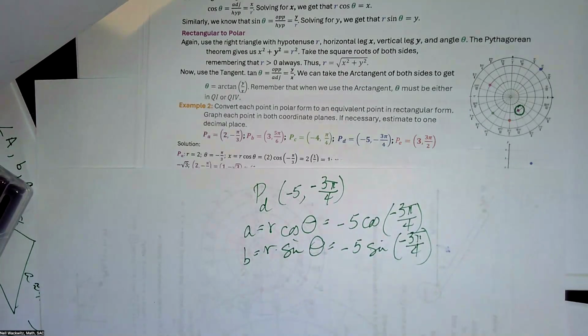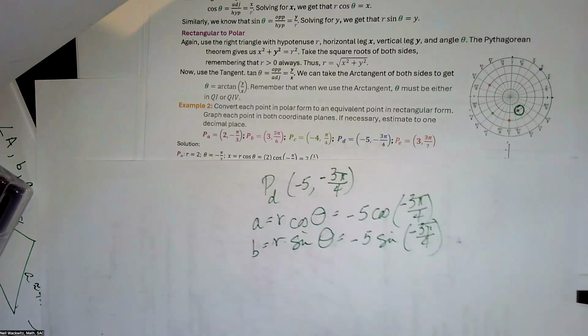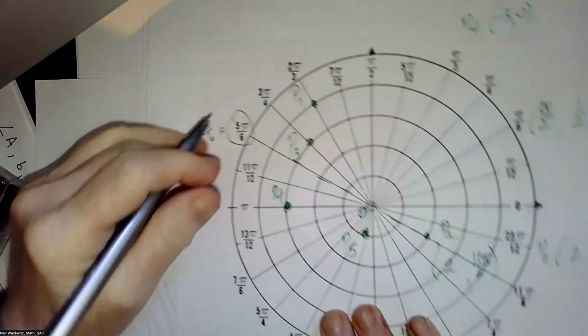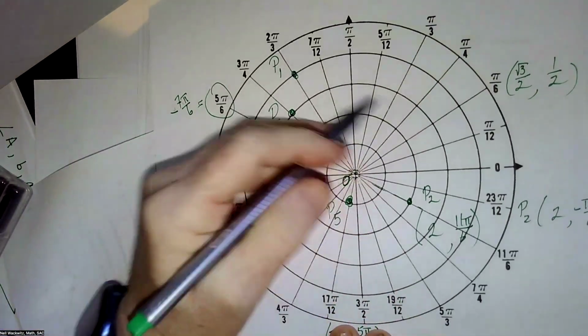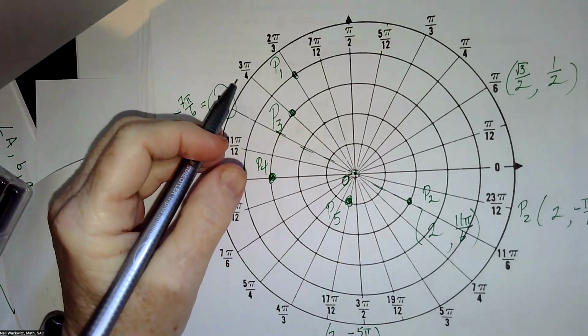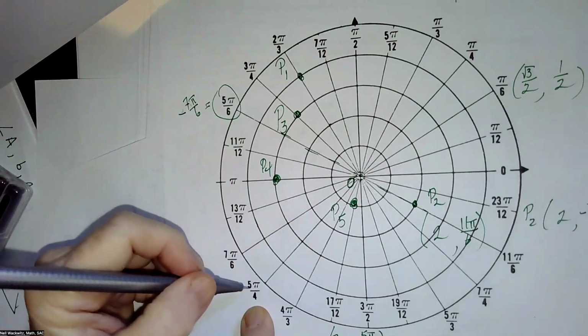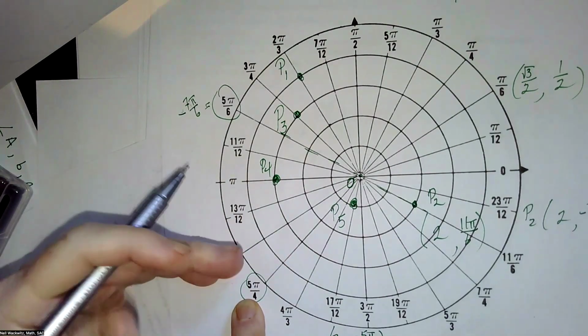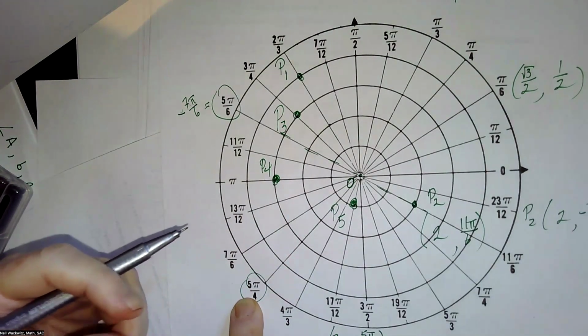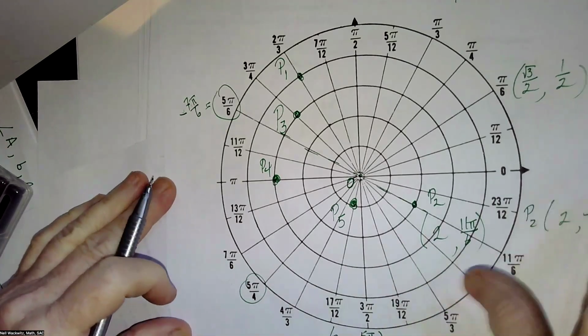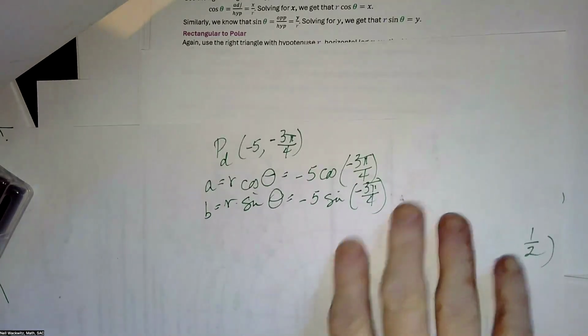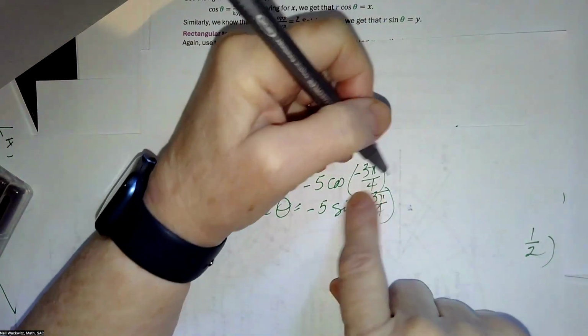And now I just have to remember where -3 pi over 4 is. Let's find that nice big circle. So +3 pi over 4 is in quadrant 2. That means that -3 pi over 4 will be in quadrant 3. So x and y are negative here. That means the sine and the cosine are negative there.